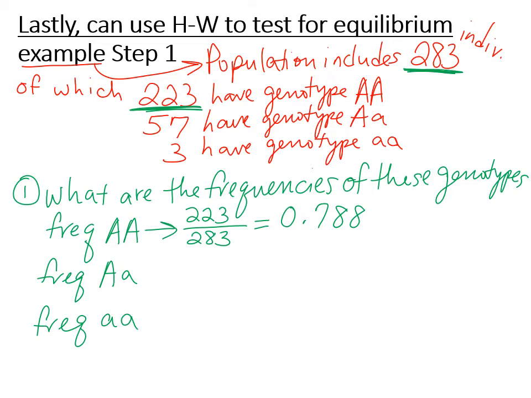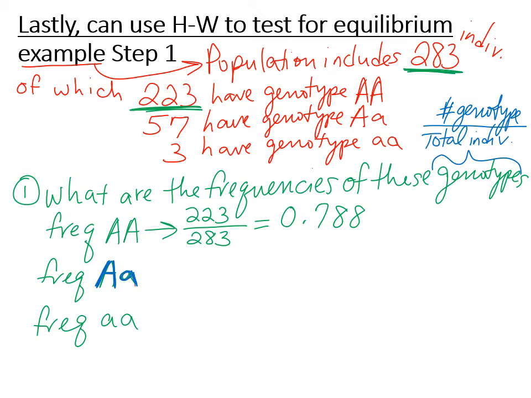Okay, and I'll put it over here because sometimes if I don't write it, students don't write it. So to get the frequencies of each genotype, you do number with that genotype divided by total individuals. Okay, so then our second one, I'll change the color so you can see this, are heterozygotes.